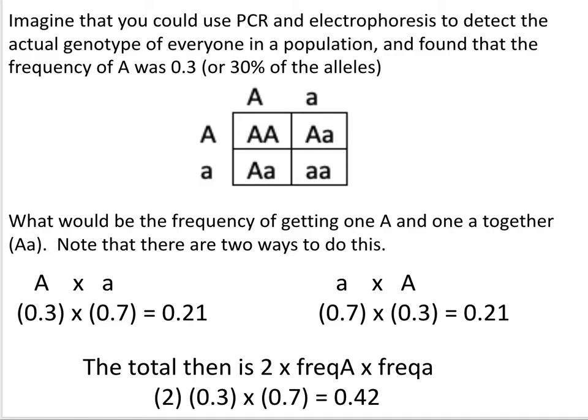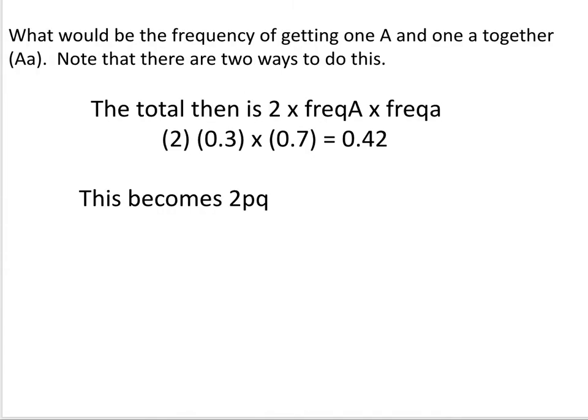And since there are two ways to get them, then you have to add the probabilities together. Or the frequency is going to be 2 times 0.3 times 0.7, or 0.42. And again, if we make the frequency of big A be P, and the frequency of little a be Q, then this is 2PQ.